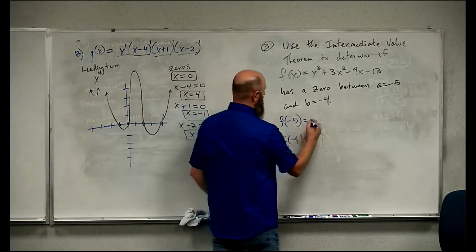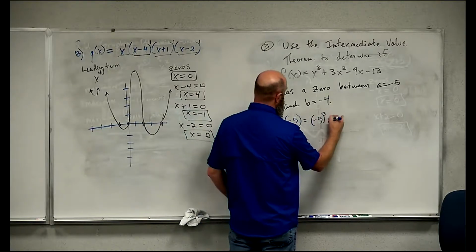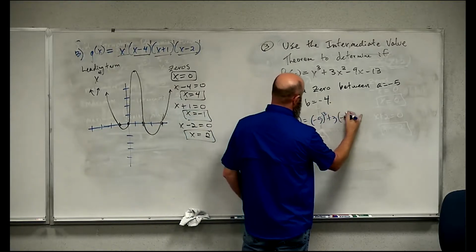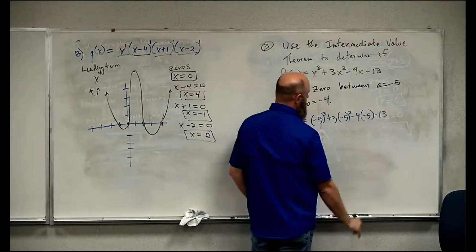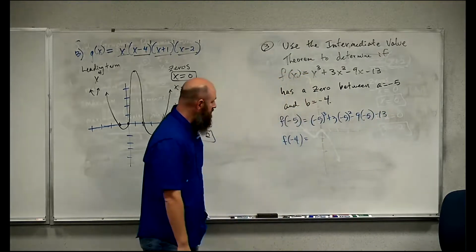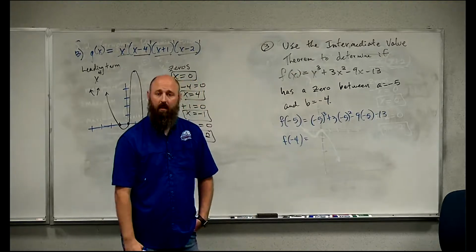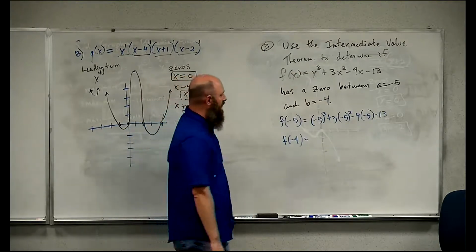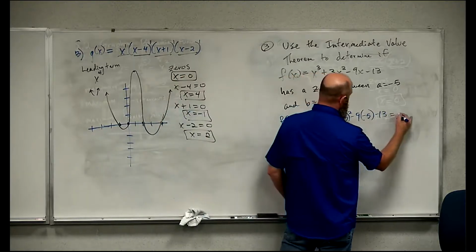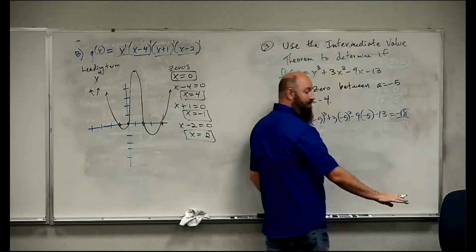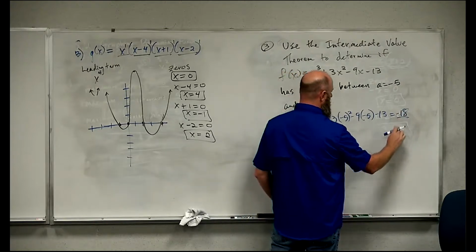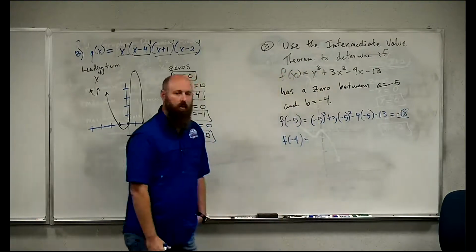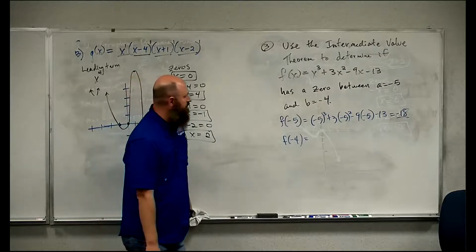So if we do -5 to the third plus 3 times -5 squared minus 9 times -5 minus 13, we put that in our calculator, we let it do the work for us, and we will see that we get -18. I have a cheat sheet there. I did that really quickly because I have my answer already, but your calculator will perform that for you.